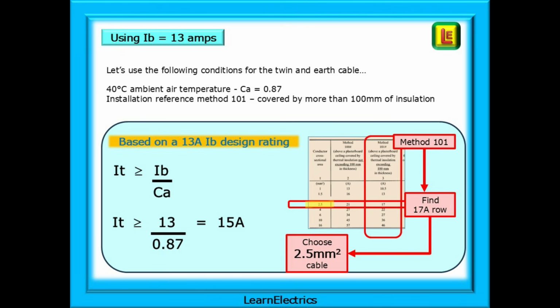Consulting table 4D5 on page 456 and looking down the reference method 101 column, we see that we must select a cable with a current capacity of 17 amps. Moving to the left, we are advised to choose 2.5 square millimeter twin and earth cable.